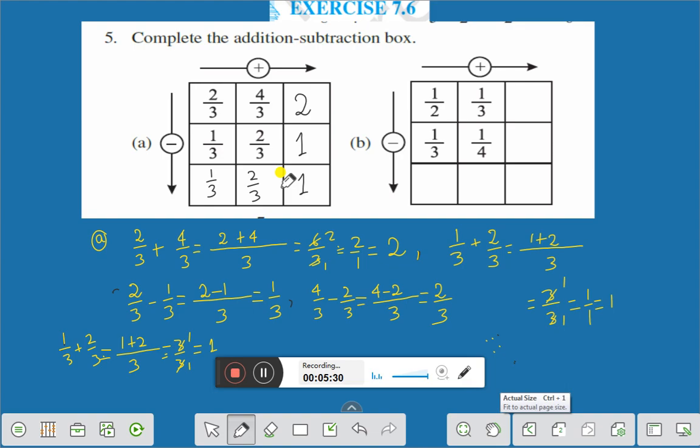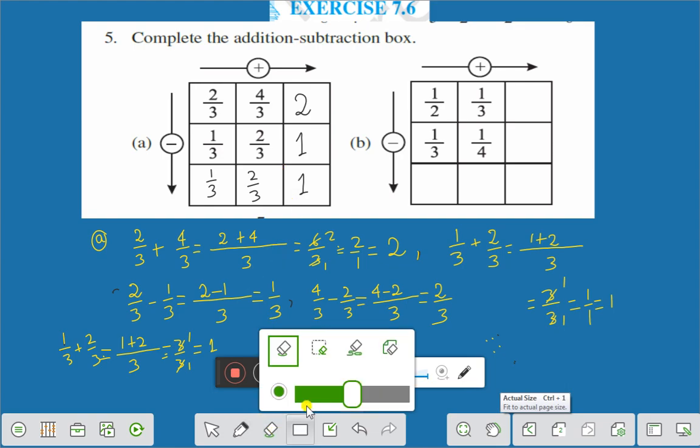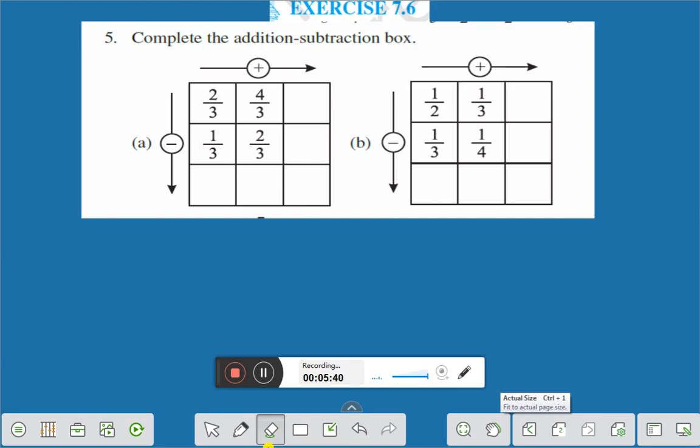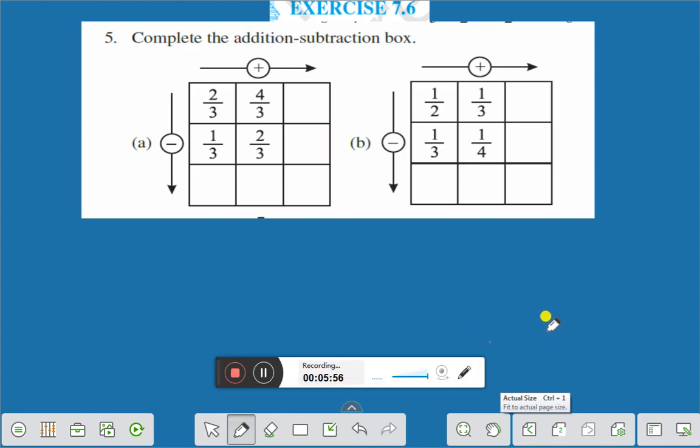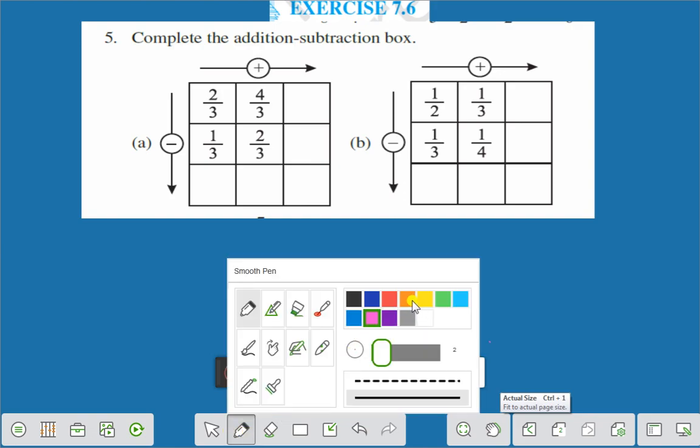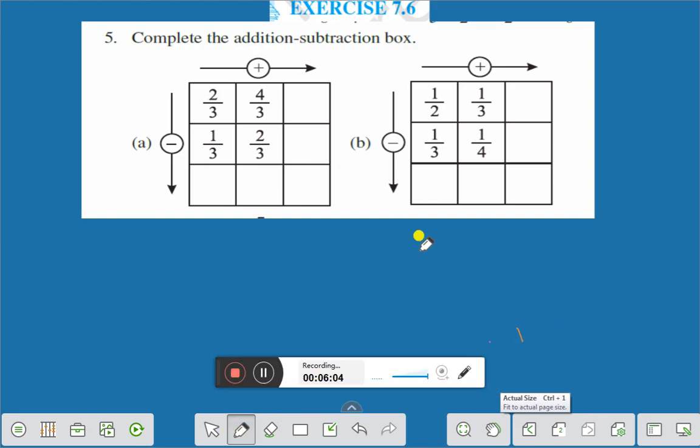Now we'll solve question number B in the same way. Let us take question number B. Here you see, in the horizontal direction it is plus and in the vertical direction it is minus. That means you have to add this one.